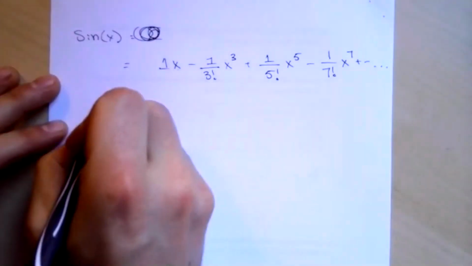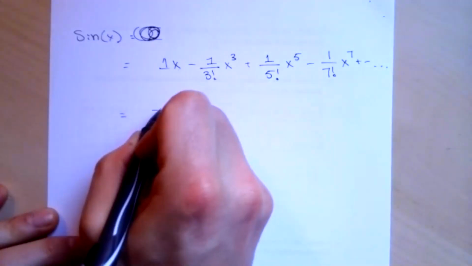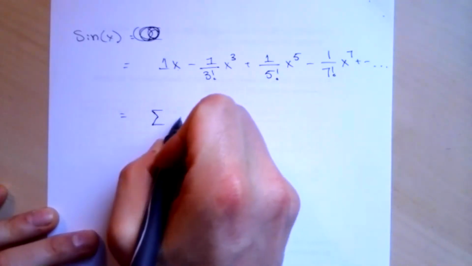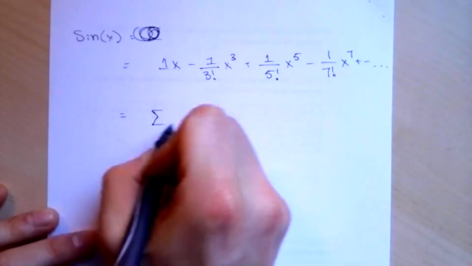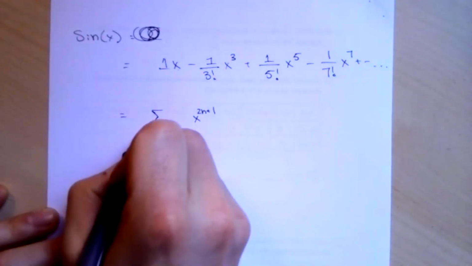So how do we come up with a sequence? We keep our sum, and kind of like how arctangent was written, we're simply going to have x to the odd integers.